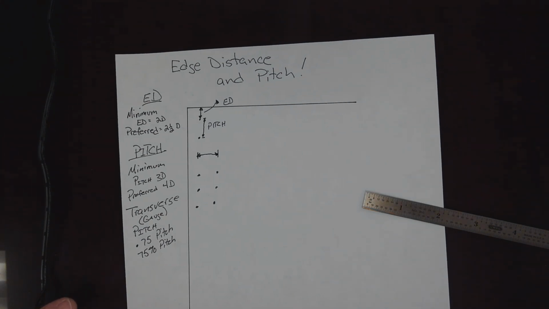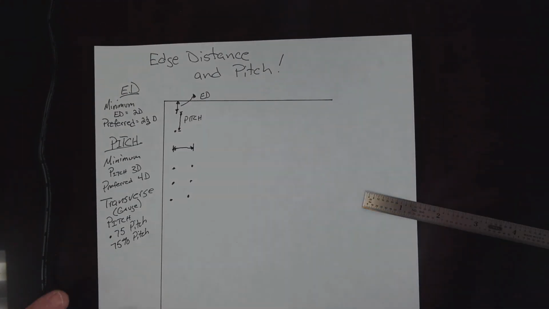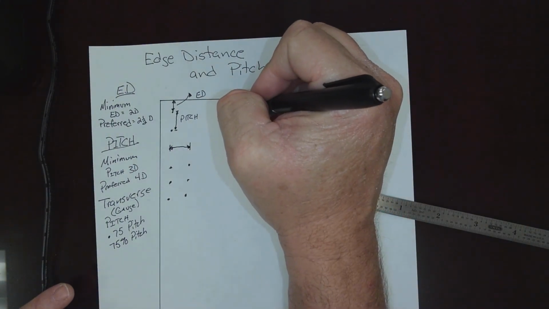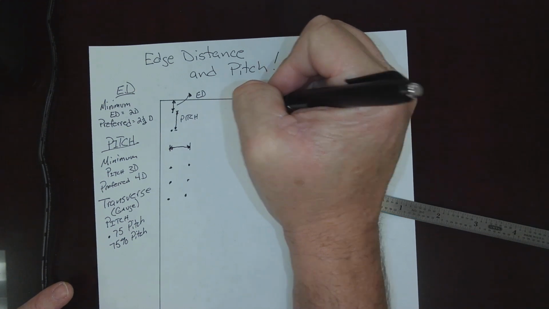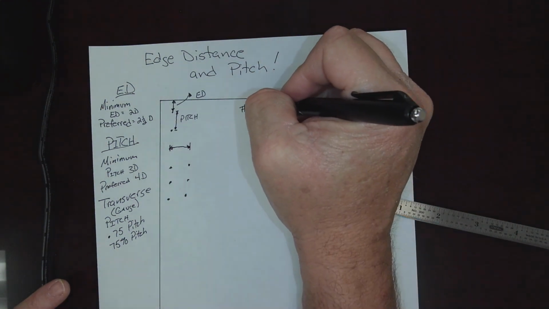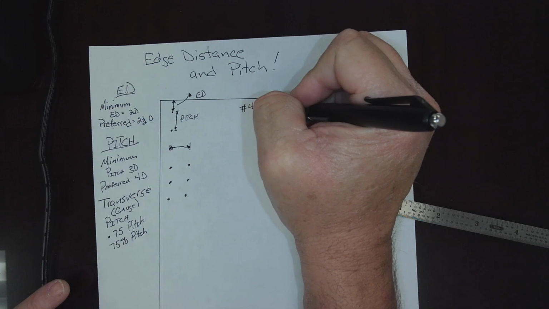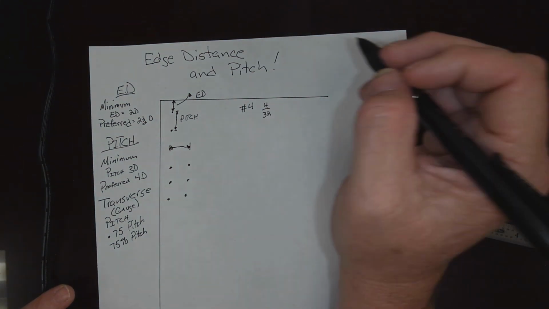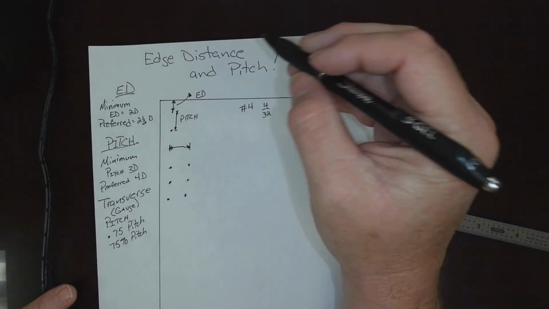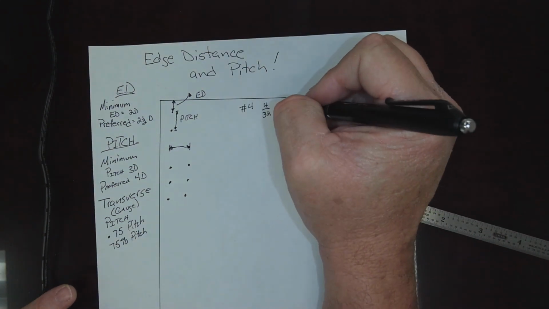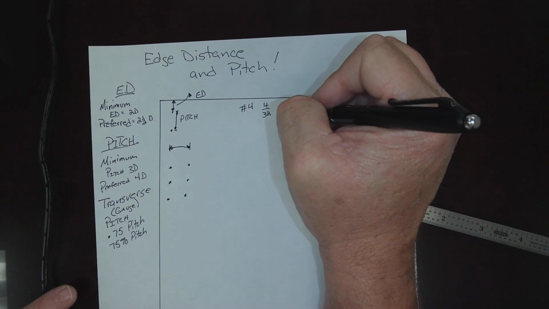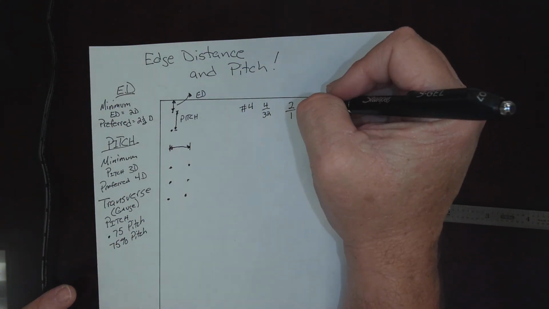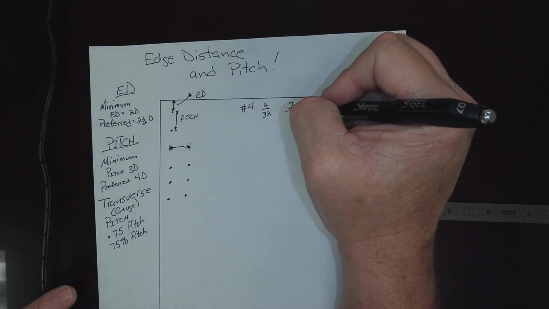Now I'm going to give you some examples. Let's solve for ED using a number 4 rivet. A 4 is a 4/32 because remember, all rivet diameters are measured in 32nds. If we have our minimum of 2D, that would be 2, and if it's a whole number, it's always assumed to be over 1, but I like to write it in to keep my stuff neat.